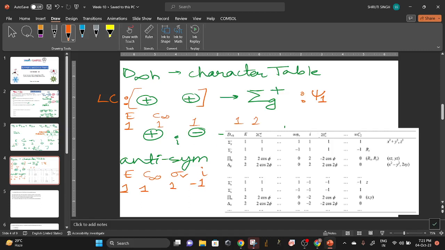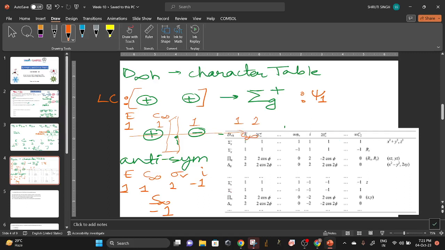Then S infinity: first we put C infinity and then a perpendicular plane. That perpendicular plane will change the plus and minus, so this also will be -1. And C2 will also be perpendicular to the C infinity.